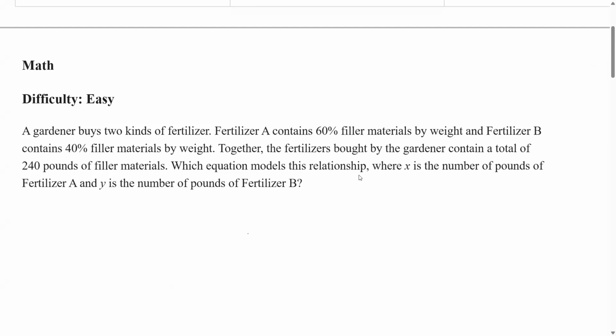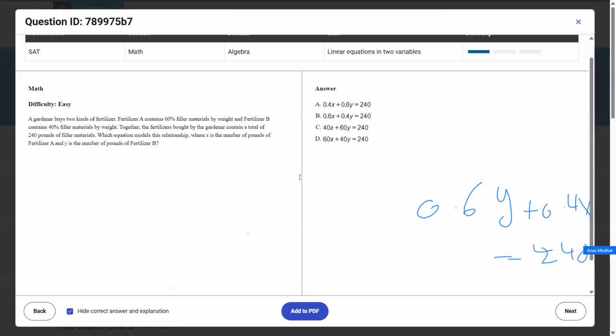Which equation models this relationship where X is the number of pounds of fertilizer A and Y is the number of pounds of fertilizer B? 0.6 for Y plus 0.4 for X equals the total, which is 240. So the answer is A.